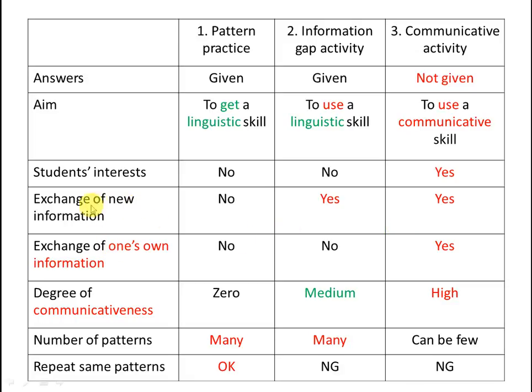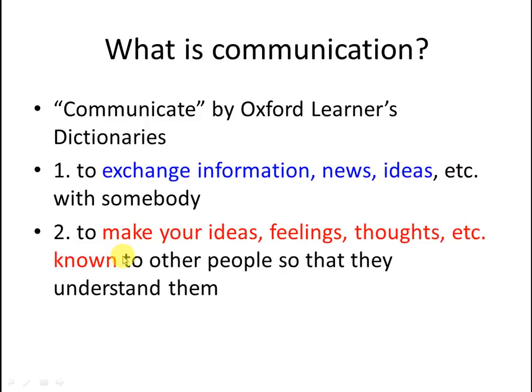But there is a small difference between this point, exchange of new information, and exchange of one's own information. So please go back to this. These are two main meanings of to communicate. The first one is to exchange information, news, ideas, etc. The second one is to make your ideas, feelings, thoughts, etc. known to other people.